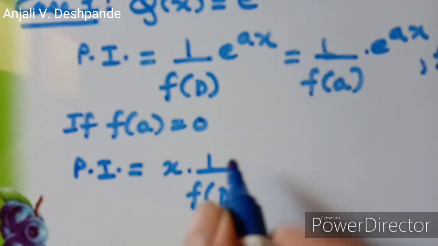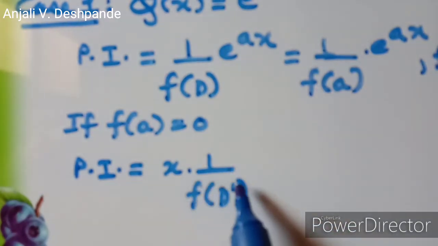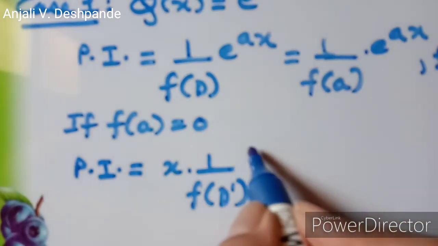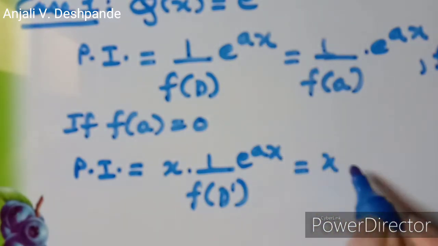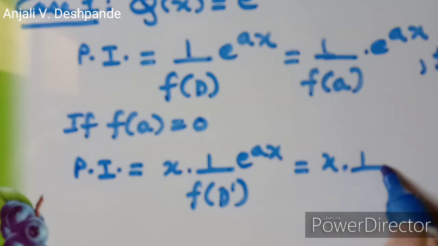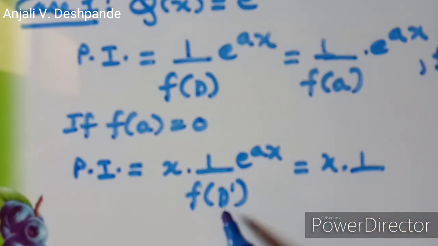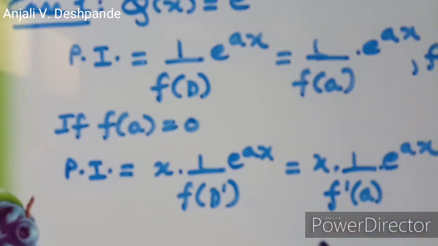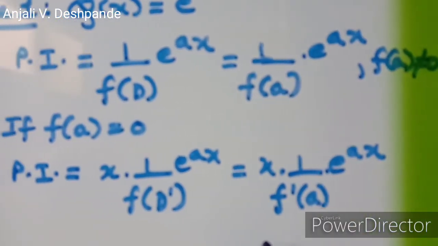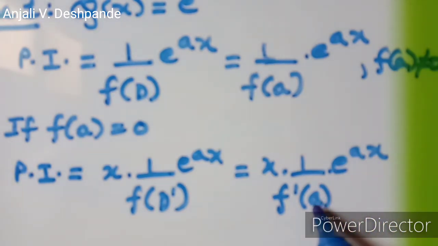That means you have to differentiate that function f(D). Once again you are going to replace the D term by a. So I will write x into 1 upon f'(a) e^(ax). And again the condition that has to be satisfied is that the denominator should not be equal to 0.